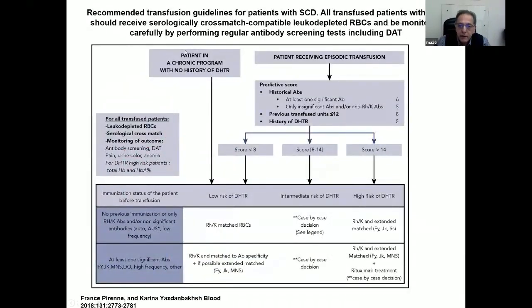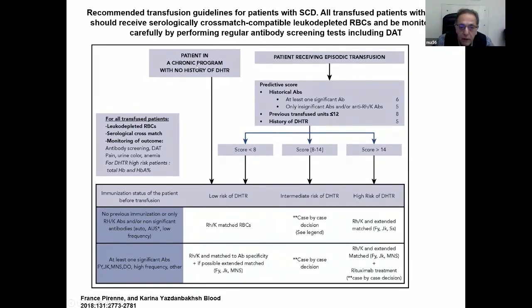And these are the recommended transfusion guidelines that were published in Blood about 3 years ago. And you can see just how involved it is to give transfusions to these patients if they are to be done properly.